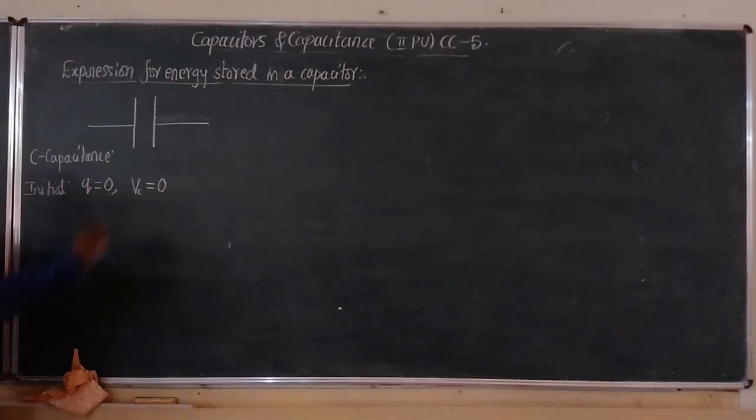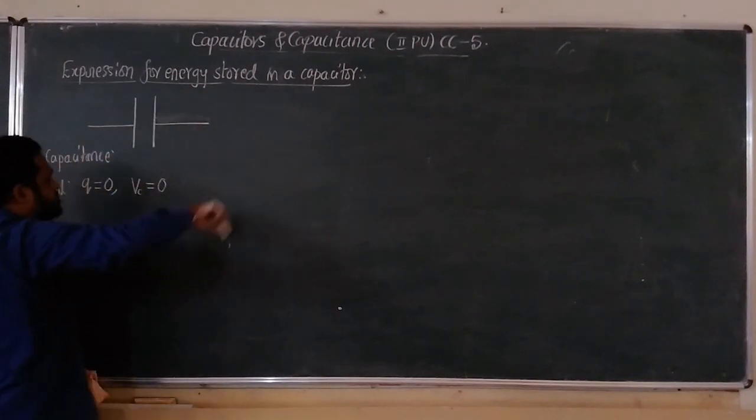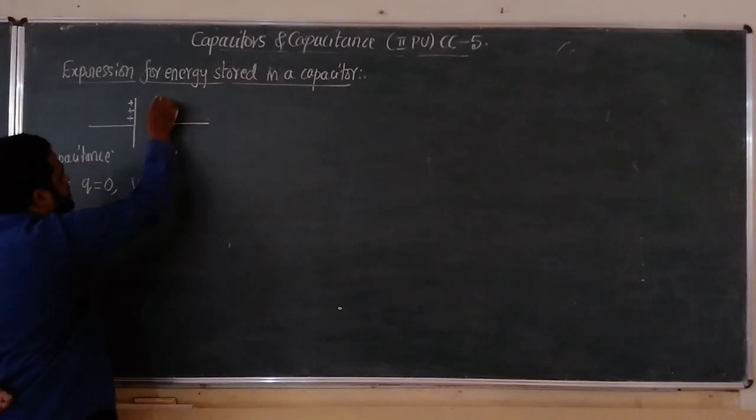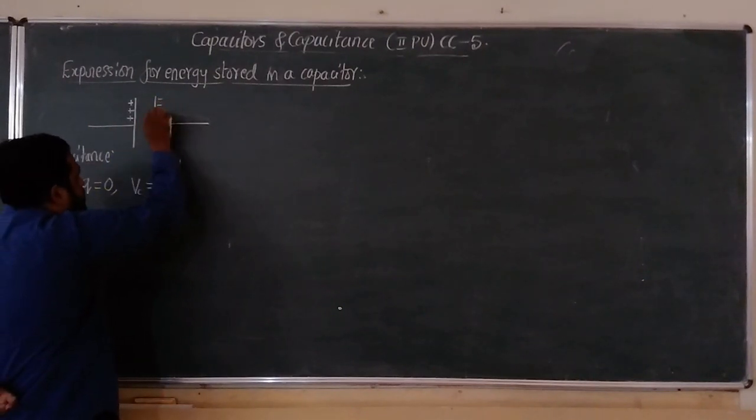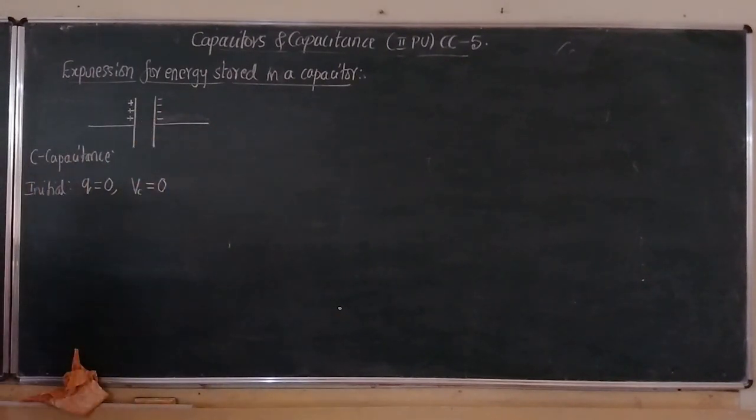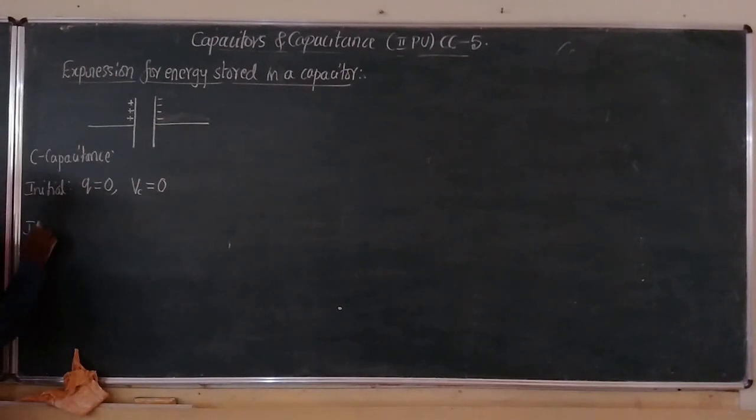With this condition, if this capacitor is connected to some external potential difference or power supply, the amount of positive charge on the left plate increases. At the same time, in the case of the right plate, the amount of negative charge increases with time. Now let us consider an intermediate stage, after some time interval.